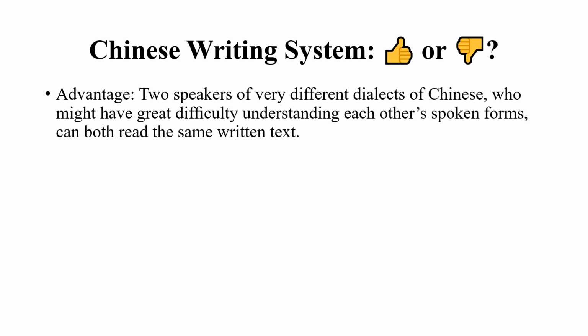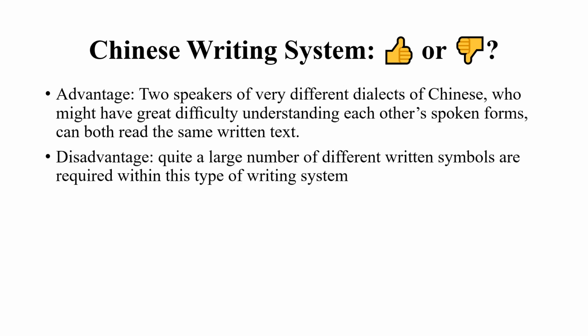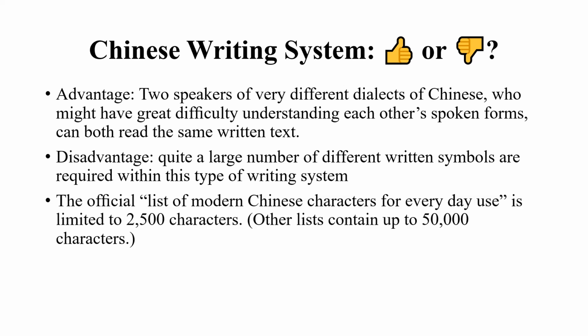Among the advantages is that speakers of very different dialects of Chinese, who might have great difficulty understanding each other's spoken forms, can both read the same written text. However, one of the disadvantages is that the writing system includes quite a large number of different written symbols. So the writers are required to learn a lot.